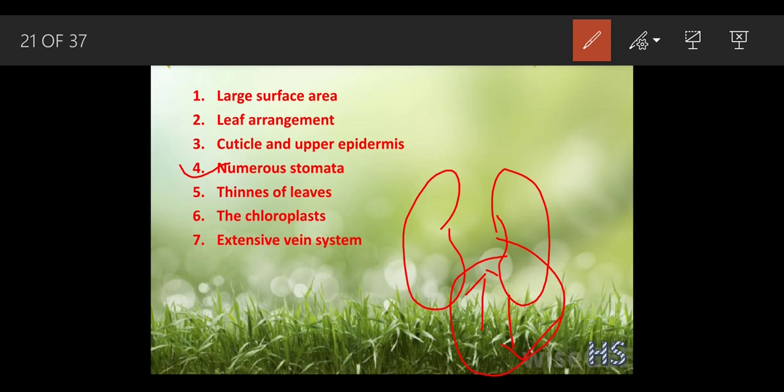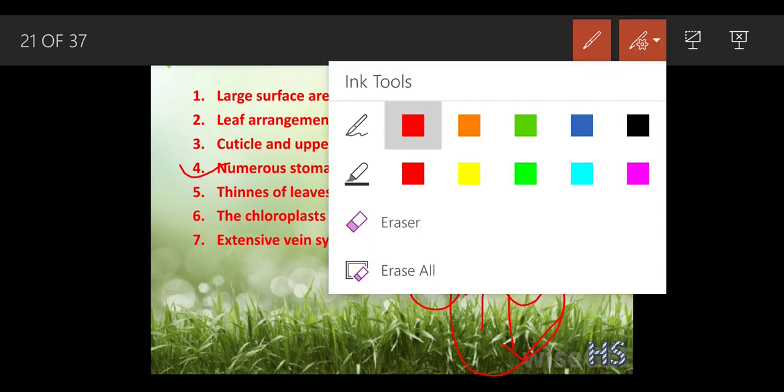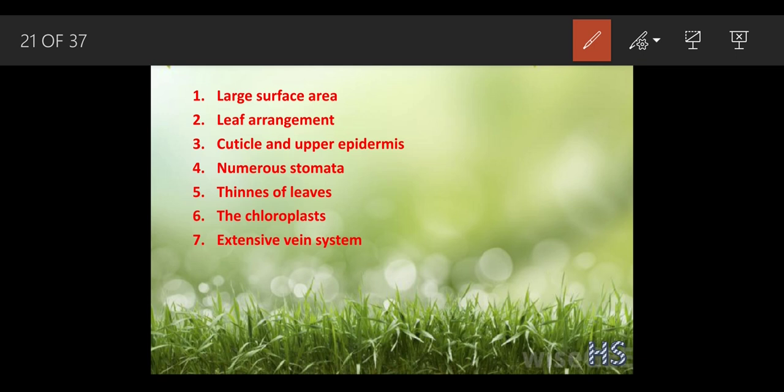Now we are going to discuss the next point, that is the thinness of the leaf. What does thinness of the leaf mean? Suppose I'm making a thin leaf like this. If the leaf is thin, what is going to happen?